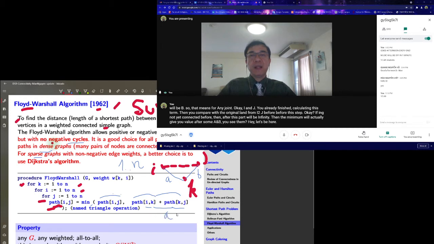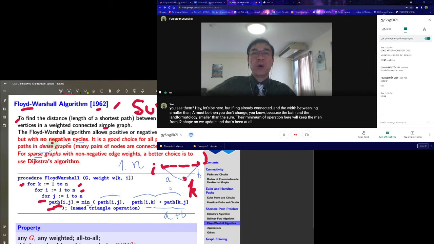But if I and J are already connected and the weight between I and J is smaller than a plus b, then you don't change, because the length from I to J is smaller than the sum. Then the minimum operation here will keep the length from I to J. So we update, and actually it does not change at all.